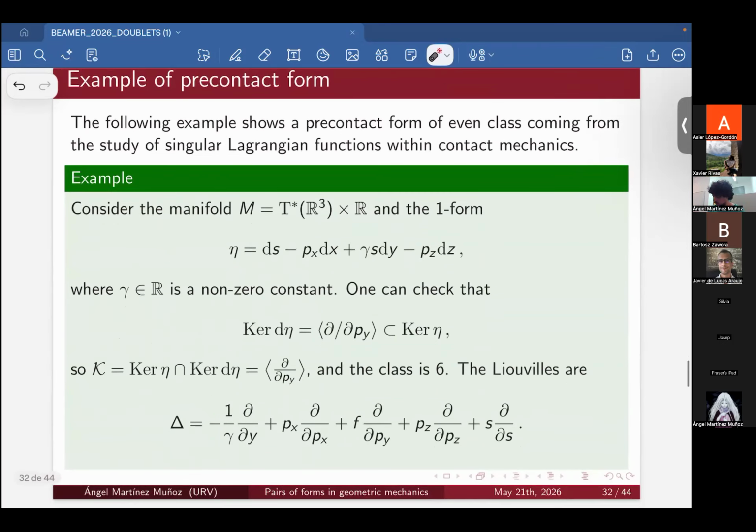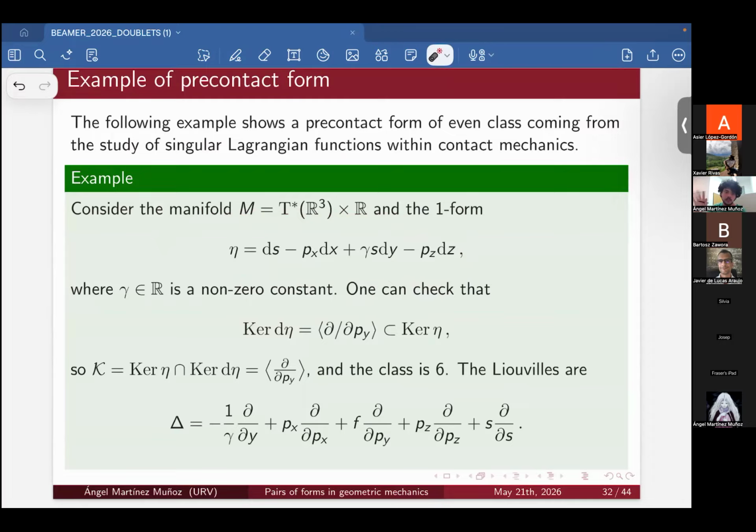Here I've written an example of pre-contact forms. I don't want to delve into the mechanics part of it, but if you consider some contact Lagrangian, then you can get some one forms which actually have even class. This was not considered much in the literature.